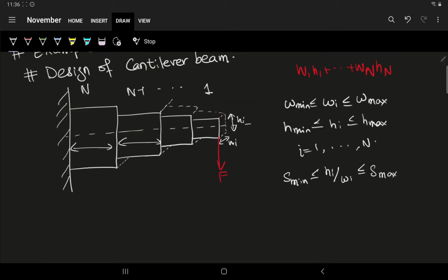Also there are some limits on the allowable stress in the material and the vertical deflection at the end of the beam. So if we look at the stress, the maximum stress we denote by sigma max. So the maximum stress will be lesser than sigma max.